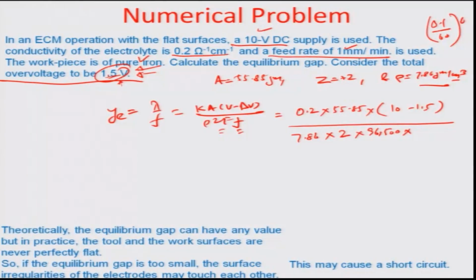So, this is in terms of centimeter per second, 0.1 by 60. So, we just record this value here, 0.1 by 60, and so if we calculate the YE value comes out to be equal to 0.04 centimeters or 0.4 millimeters, corresponding to about 400 micron.